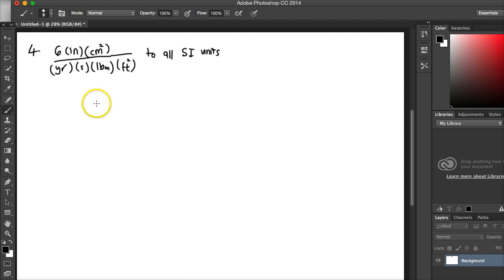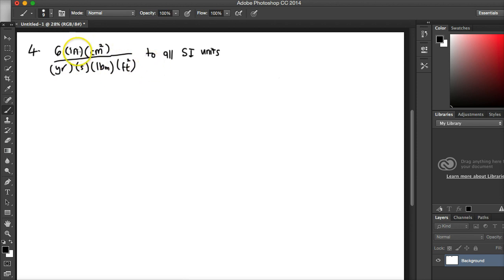This is question 4, and it wants us to convert 6 inch centimeters square, year, second, pound, and foot square to all SI units. So we have inches, centimeters, which is length, and foot, which is length, and we have mass, and both year and second are time.